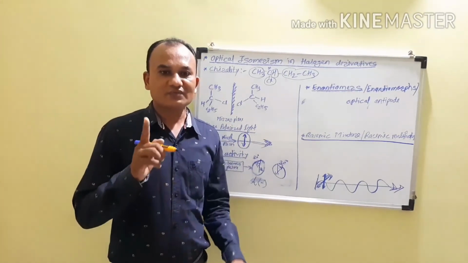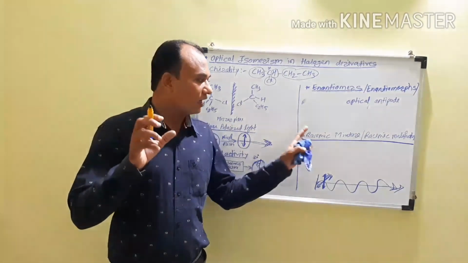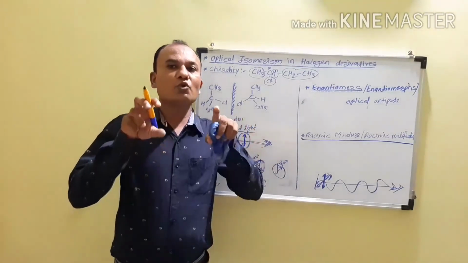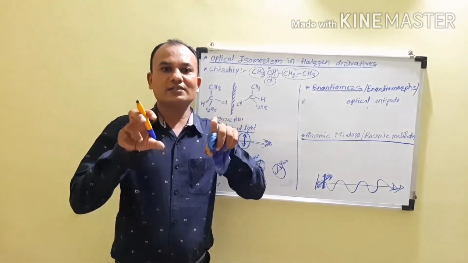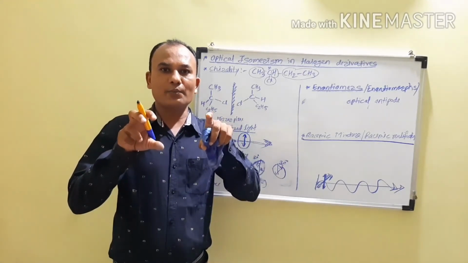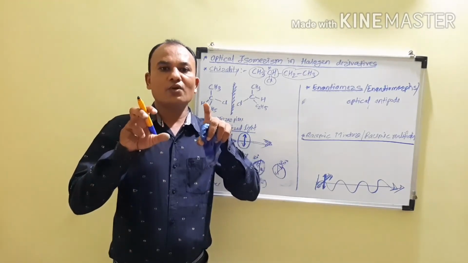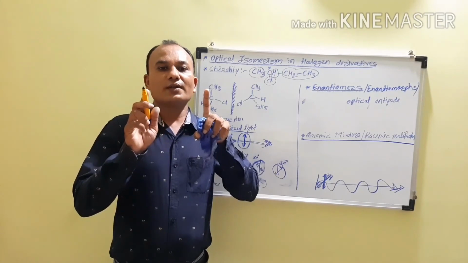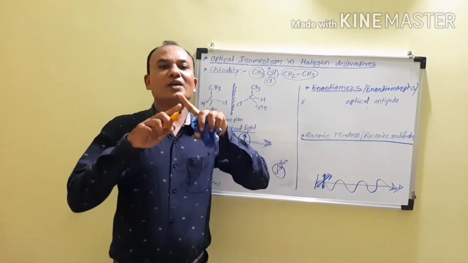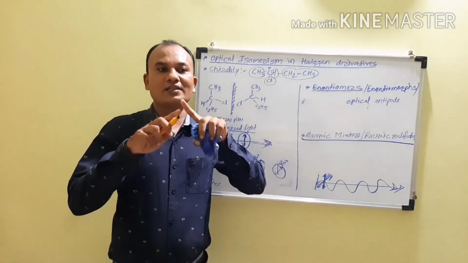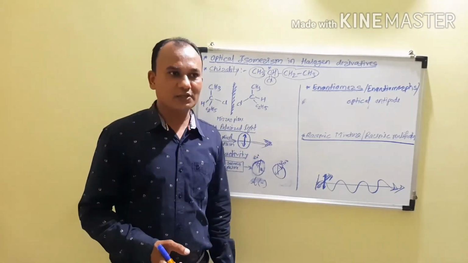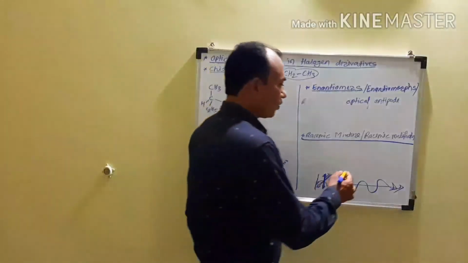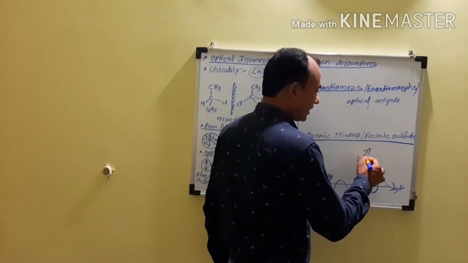Because the racemic mixture contains both types of isomer, the dextroisomer as well as the levoisomer, in the same amount, and therefore one isomer cancels the rotation of the other isomer, because the angle of rotation is also the same.